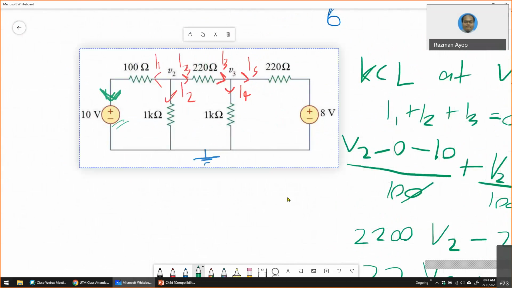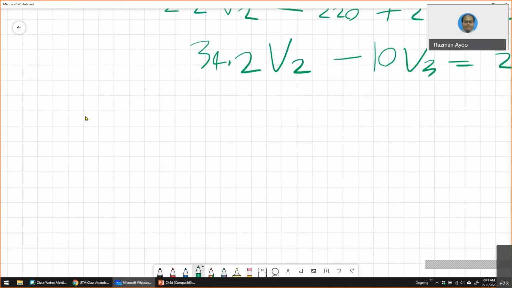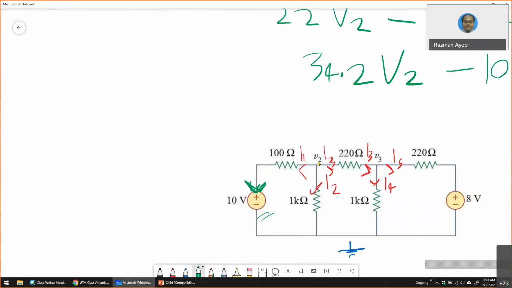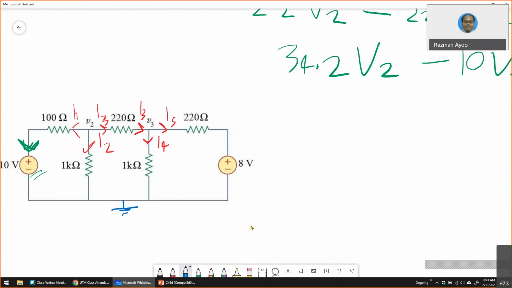So after you get the KCL at the second part, okay, so apply again at the V3. So apply KCL at V3.